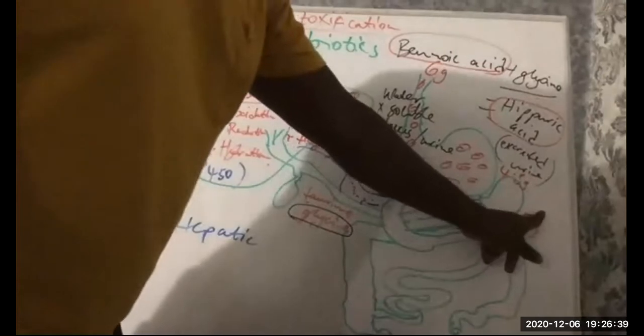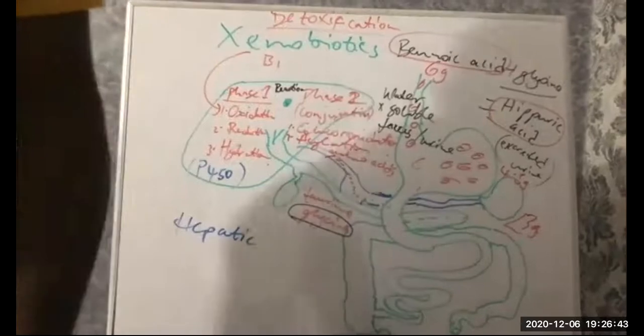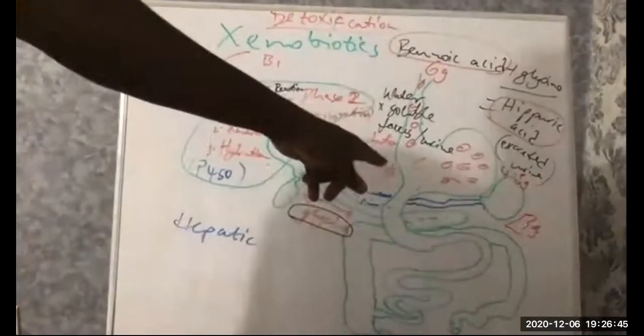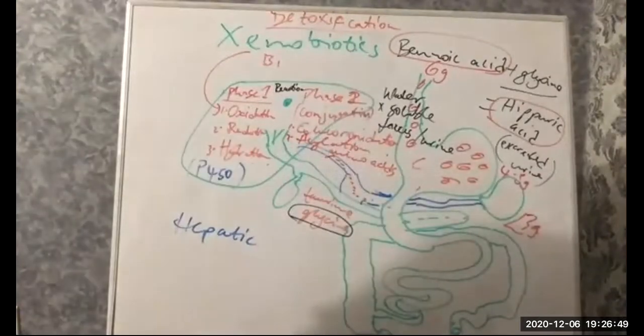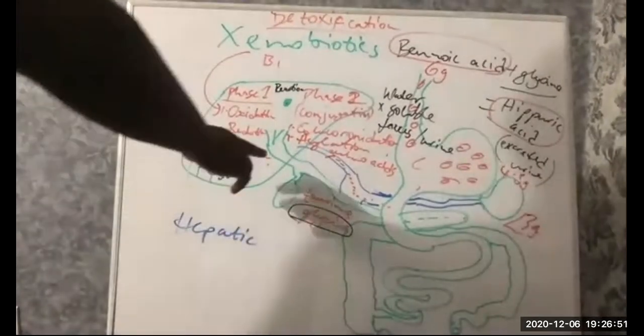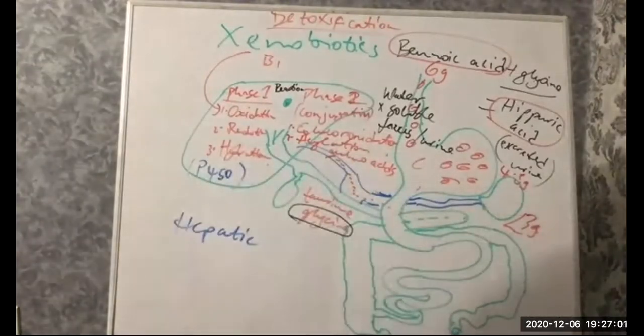If the content of benzoic acid is 3 grams and lower, then we say that the detoxification function of the liver has decreased. That is why the benzoic acid content in the hippuric acid found in the urine is low. Okay? Oh, okay. Is there any other question?